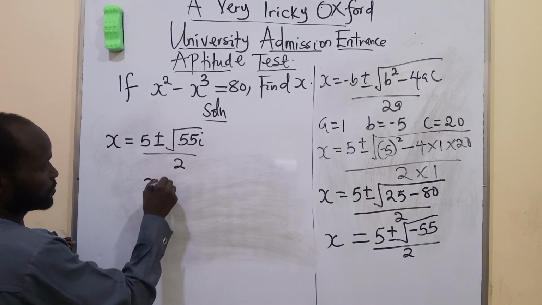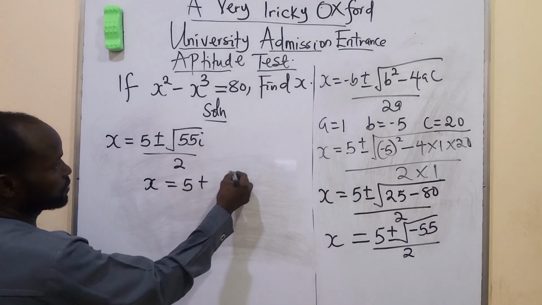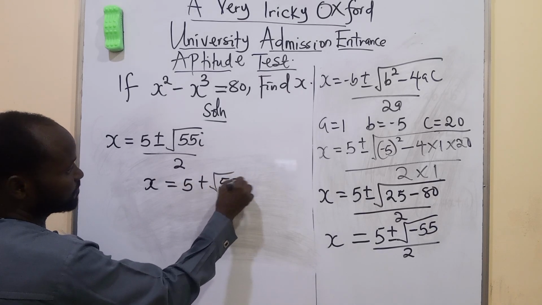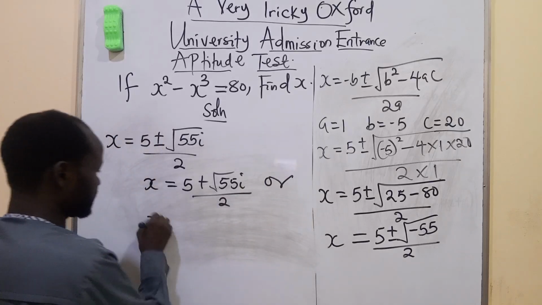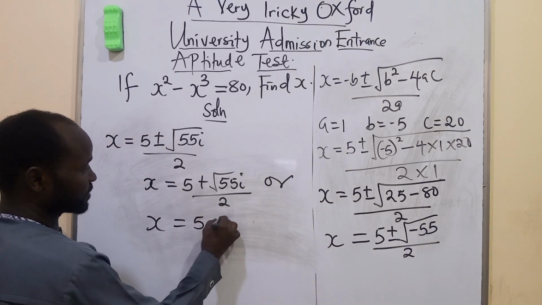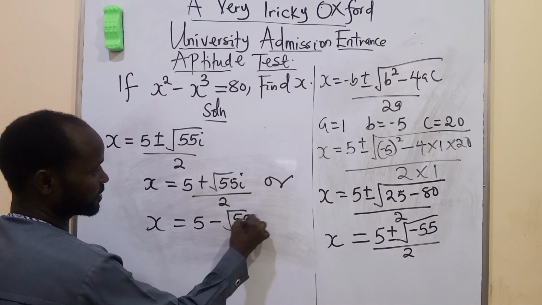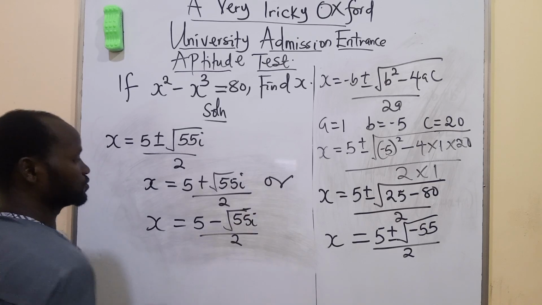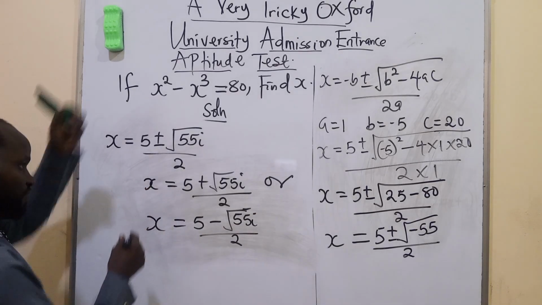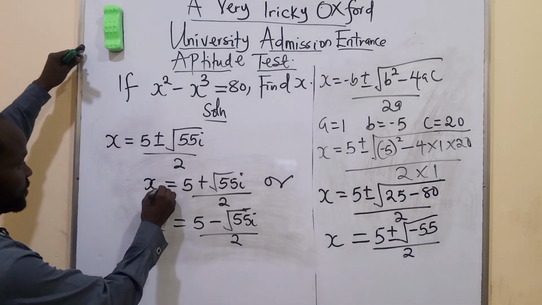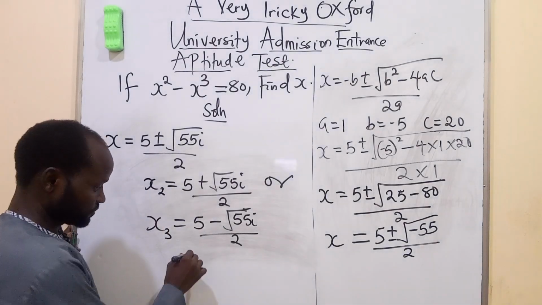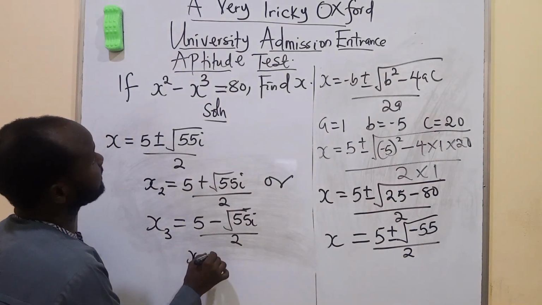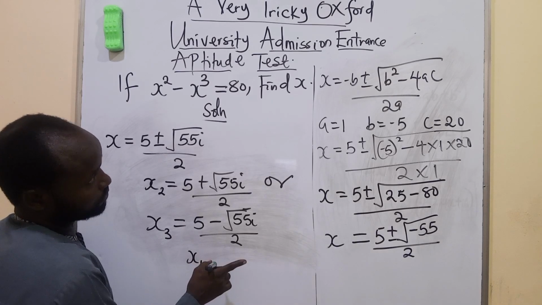So the two values of x, we use the plus and the minus. x equals 5 plus root 55i divided by 2, or x equals 5 minus root 55i divided by 2. These are the two values of x, we can say let these be x2 and x3. Remember, our x1 is nothing but minus 4.